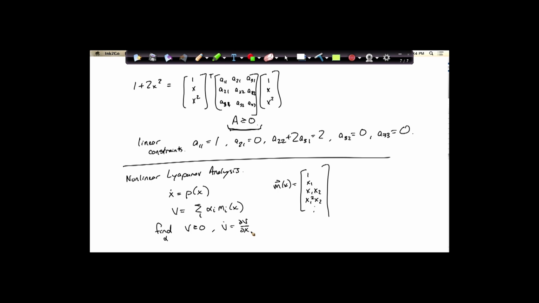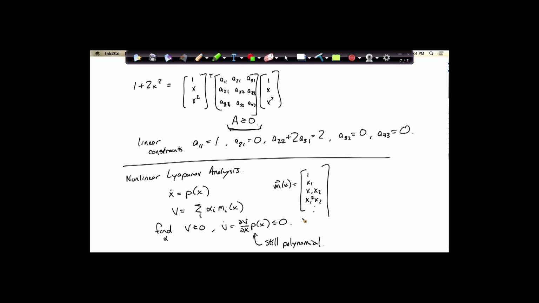The derivatives of the polynomial are still polynomial, times P of X, is less than or equal to 0.